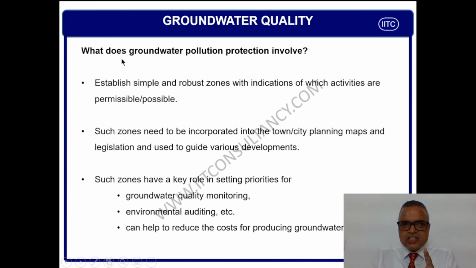These guidelines have to be clearly defined, and such zones have to be identified, incorporated and updated in township and city planning maps so that we can prevent various development activity.